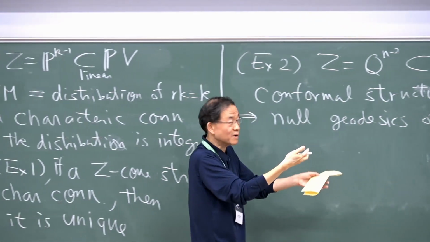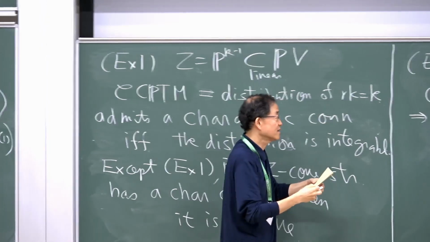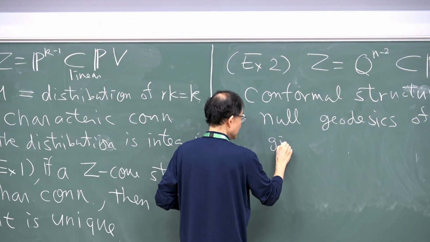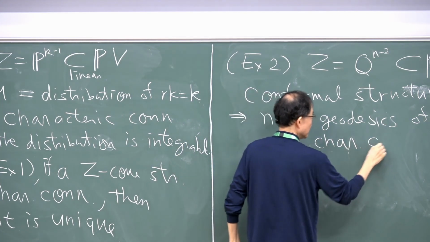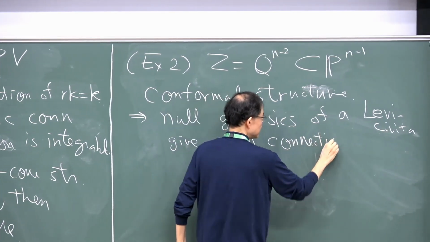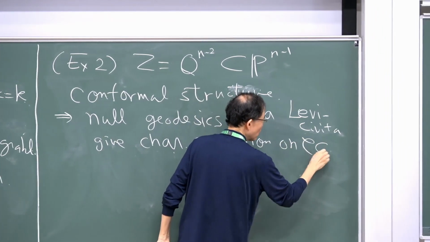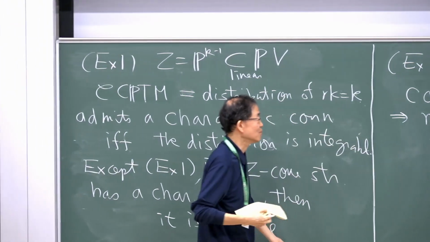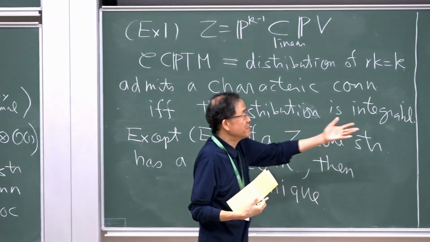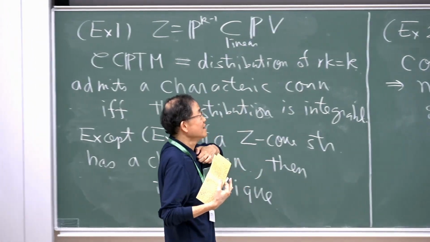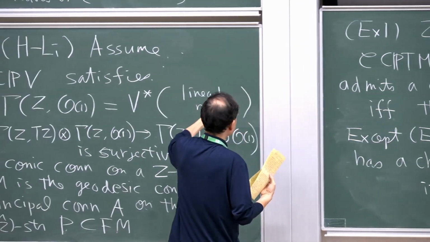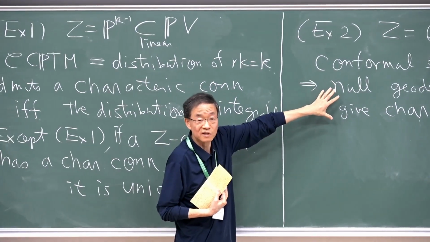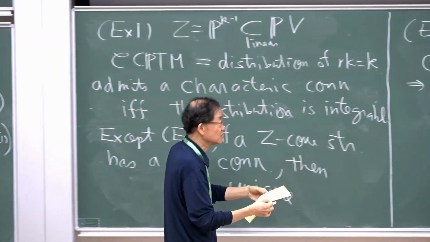Actually, any choice of Levi-Civita gives null geodesics, and the null geodesics give a characteristic connection on the associated structure. This is something people study much. You can understand the characteristic connection as a natural generalization of Levi-Civita null geodesics on general constructions.